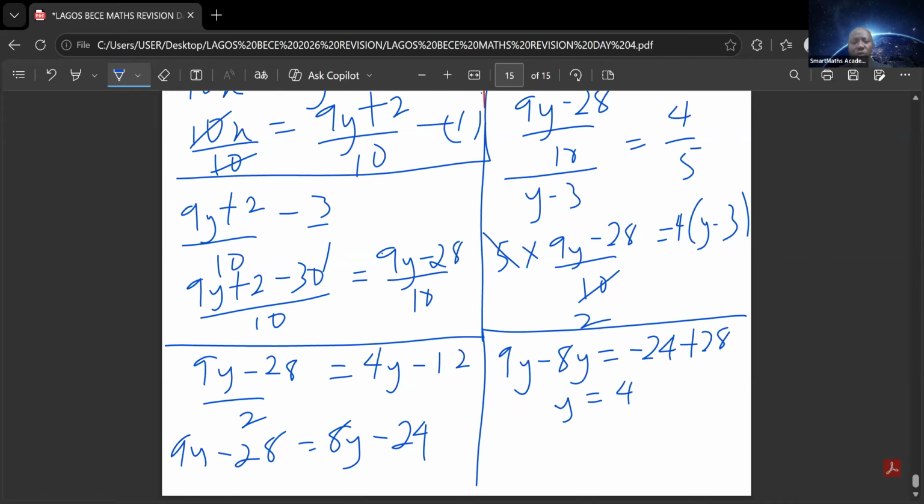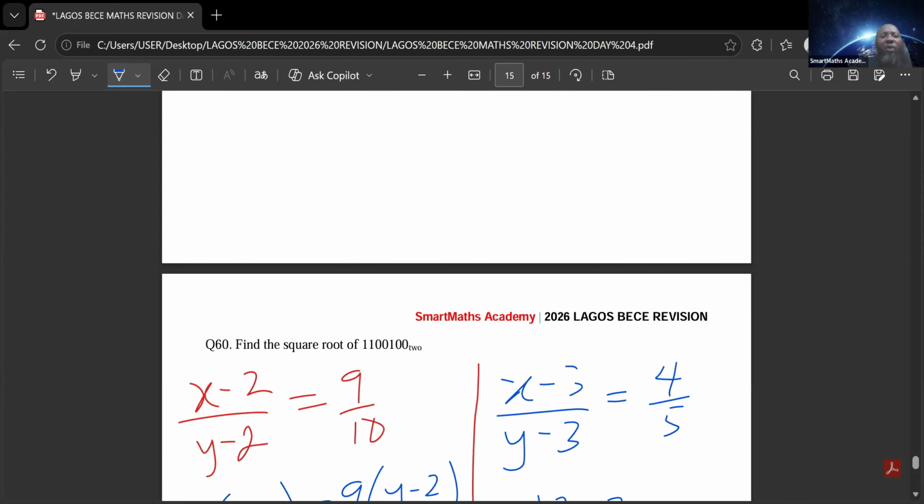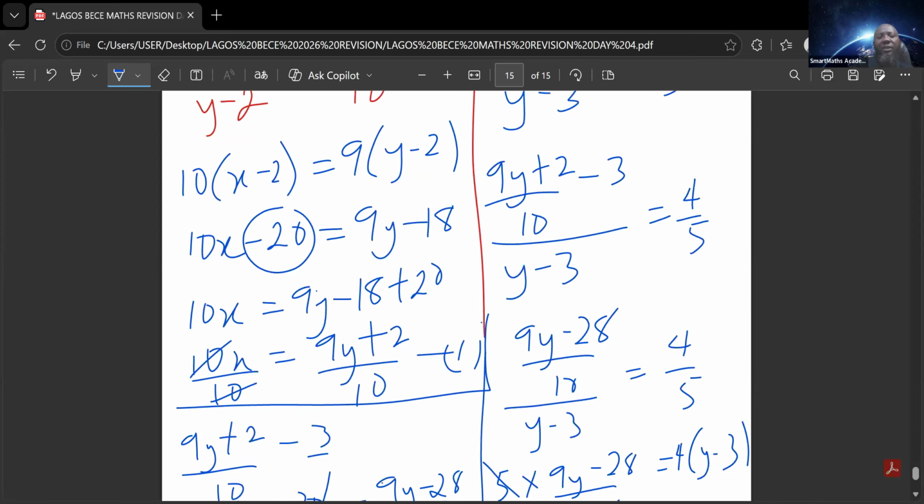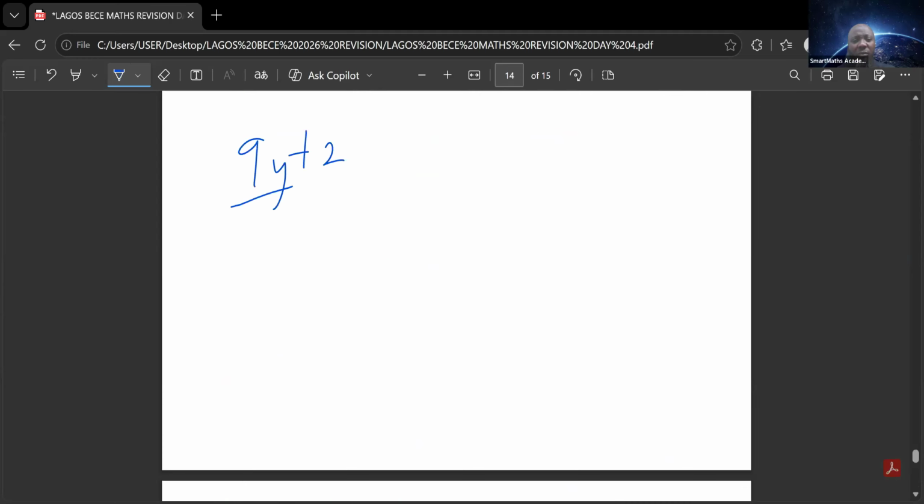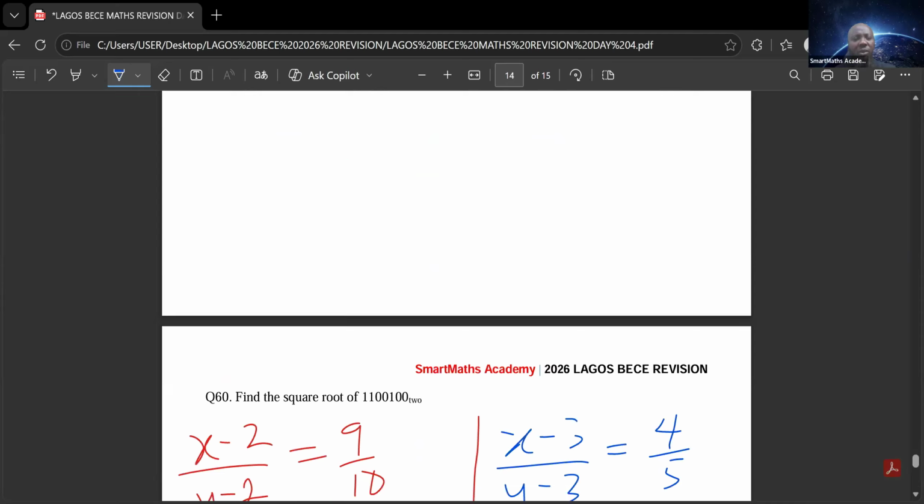So we now go to equation 3 that we formed here. This equation 3 we formed is x equals (9y + 2) over 10.